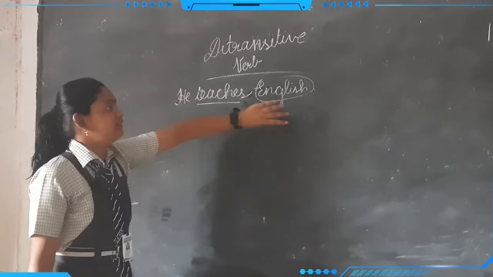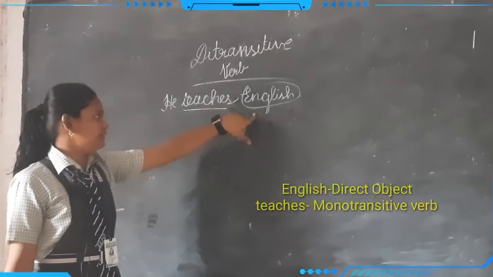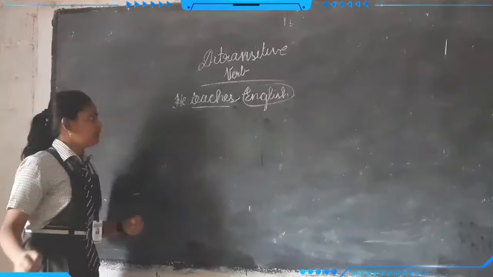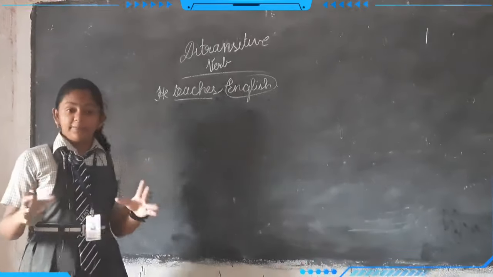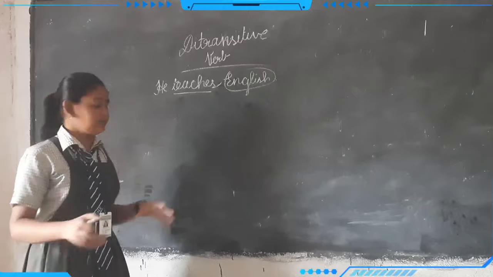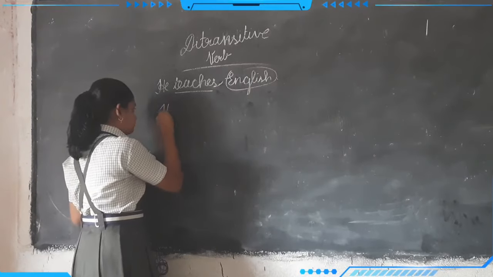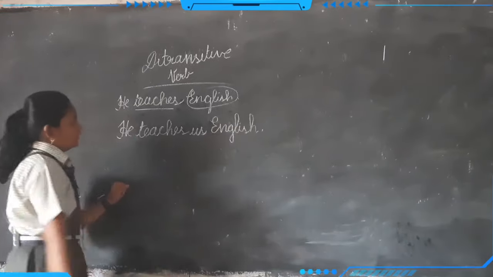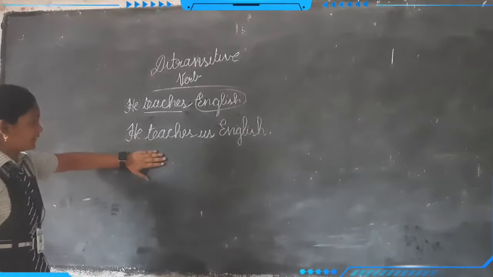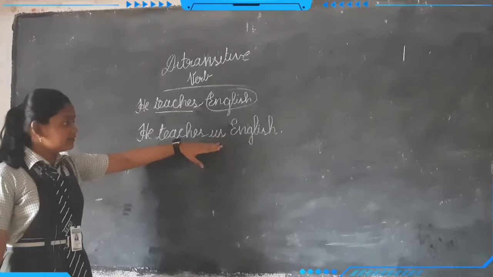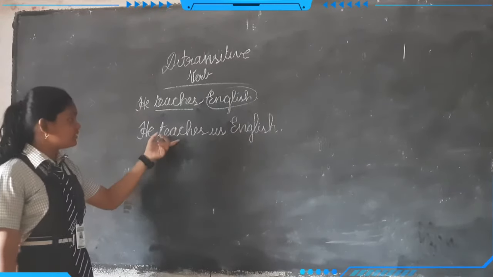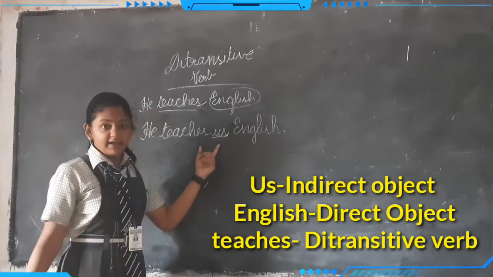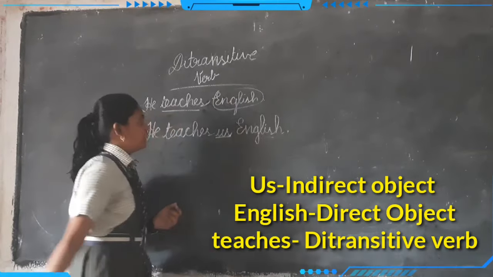In this sentence, there is only one object, English, and the verb teaches is a monotransitive verb. Then, let me show you an example of a ditransitive verb. In this sentence, there are two objects, us and English. So this verb is ditransitive. Us is the indirect object and English is the direct object.